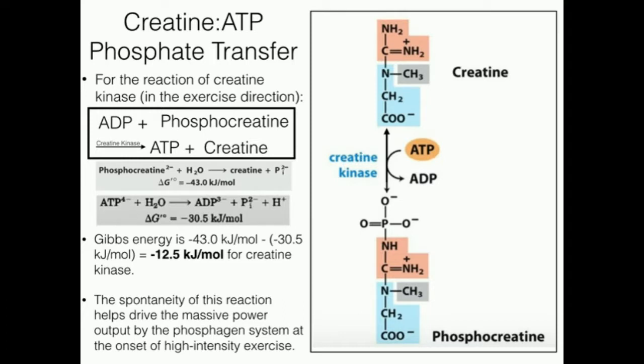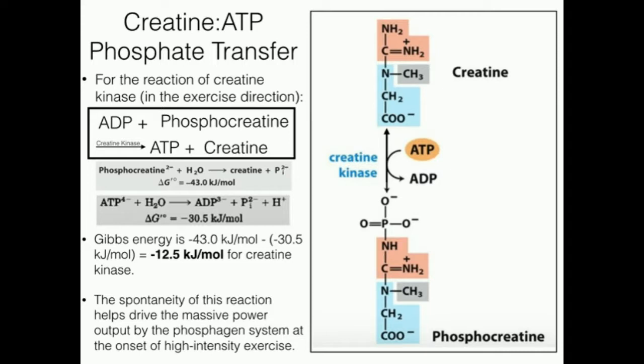So it really is an equilibrium-based thing. We want to lower the concentration of ATP so that we can make more ATP. And the way we lower the concentration without hydrolyzing it is to store it on creatine as phosphocreatine. Not to mention, high levels of ATP also tend to inhibit some glycolytic enzymes like PFK1 and also Krebs cycle enzymes.